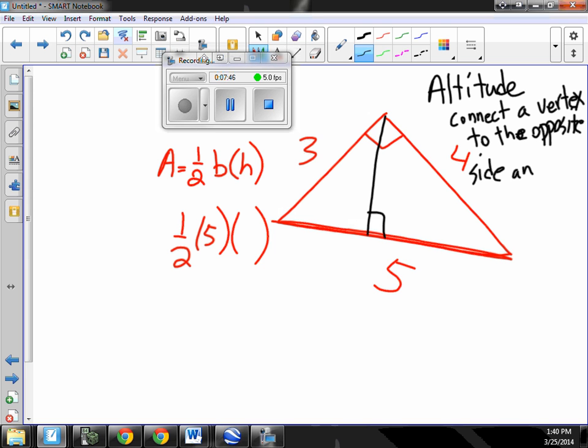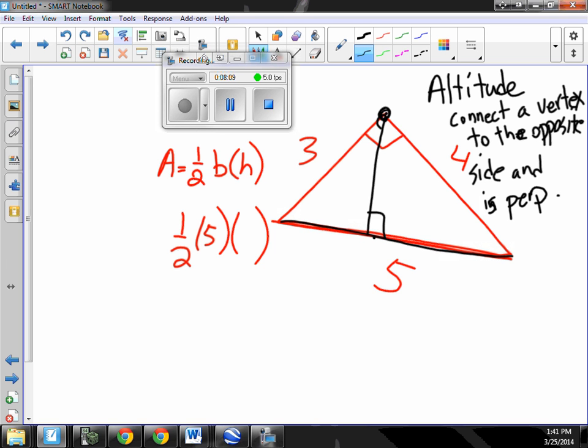And is perpendicular. So if you take one vertex and then you look at the opposite side, you draw a line that connects the vertex to the opposite side, and it hits in such a way that it meets at a right angle. That's called an altitude, and altitudes are the heights of triangles.